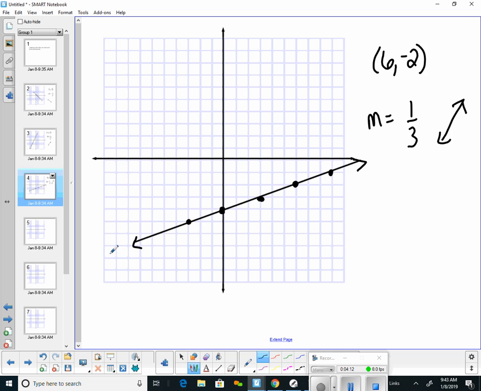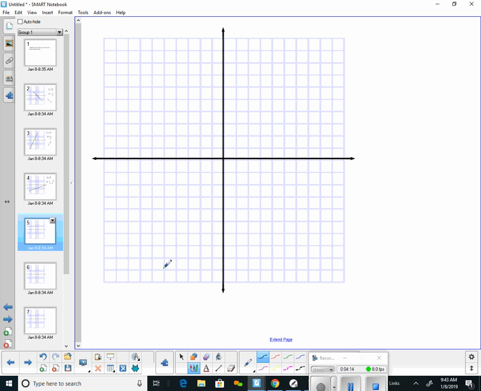Okay. This one, what if we have the point (5, -2), and my slope is undefined? What you should remember is that undefined means we have a vertical line. So I'm going to graph this point: 1, 2, 3, 4, 5, -2.